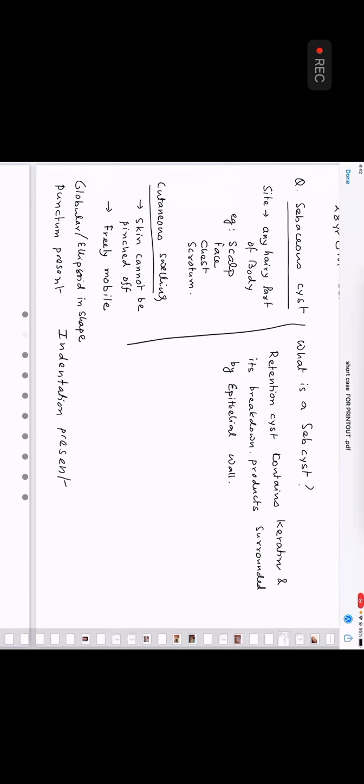So kindly tell me when you have completed writing. Let me mark the points for all of you so that it will be easier for you to write. Again, why is it a sebaceous cyst? Site. It is a cutaneous swelling. There is a globular shape. Punctum is present. Indentation is present. Please remember, punctum is present in only 40% of sebaceous cysts.